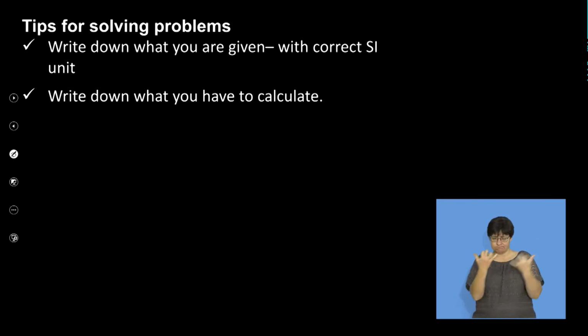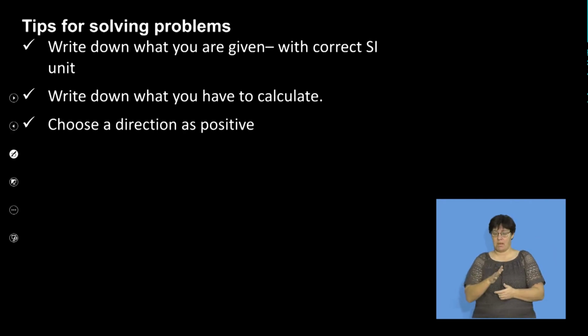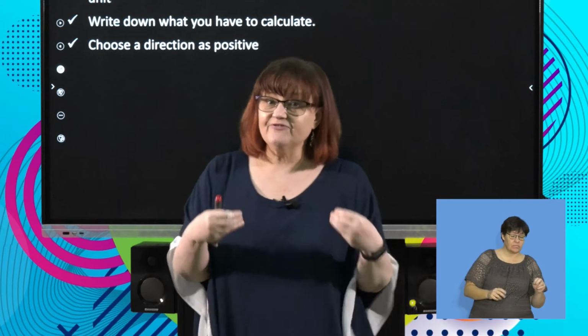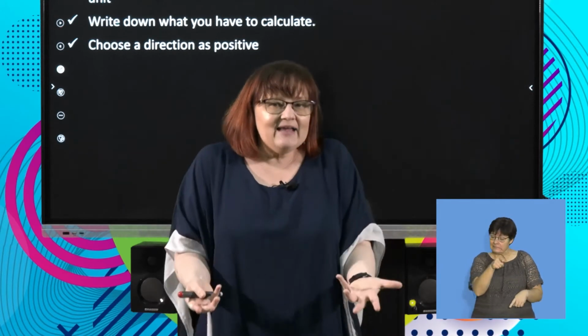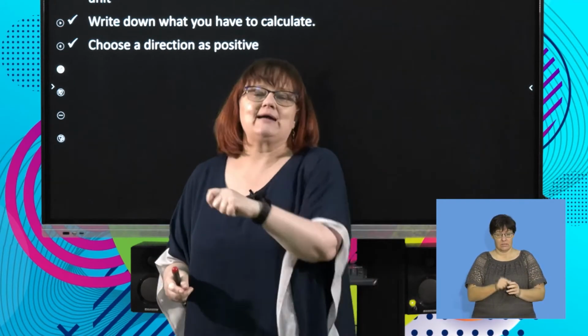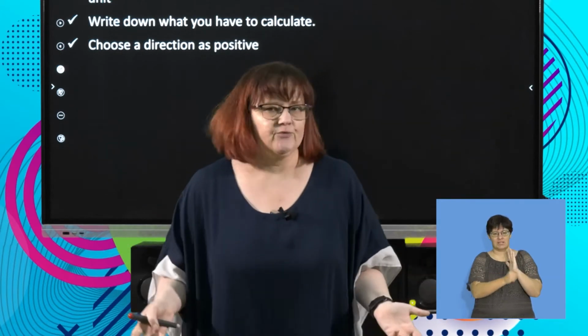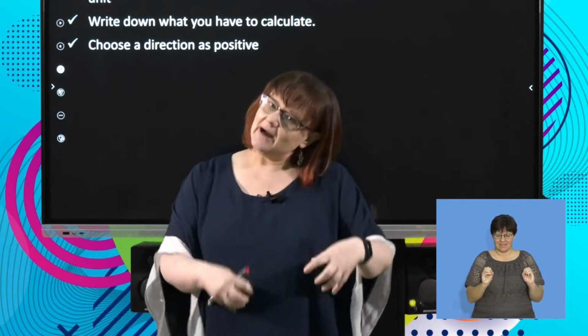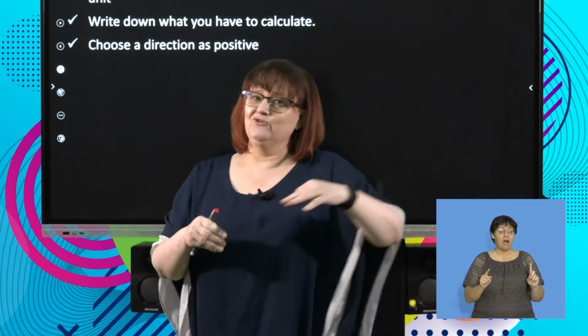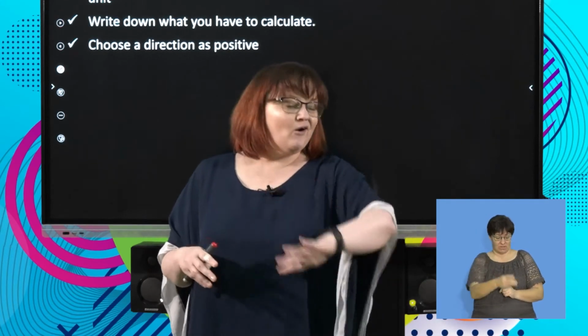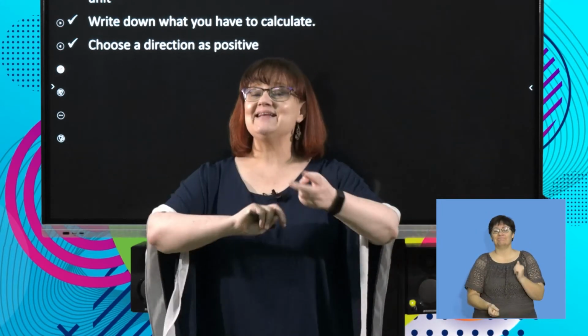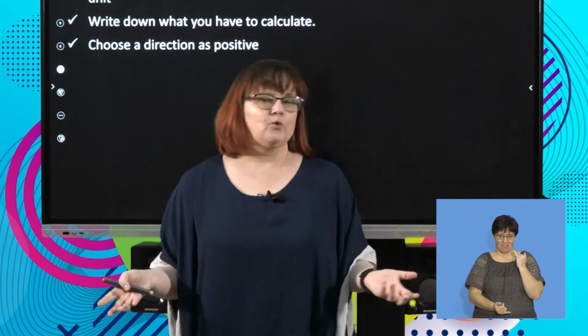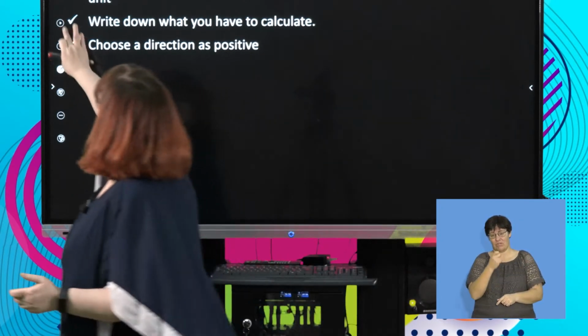Put a question mark by it. Then you choose a direction as positive. This direction as positive is beyond important, and you have to keep it. I suggest that you actually write it down. There's no marks for making this choice. But if you don't write it down, you forget it. And then along the way, your signs get muddled, and then your questions are wrong, okay?